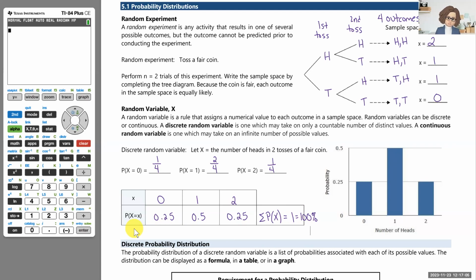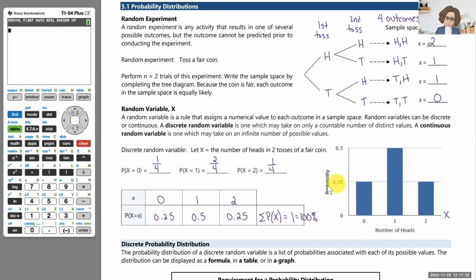We could also put that information into a graph. You'll see here my x-axis. I'm going to label that axis. X was the number of heads in our 2 tosses, and we might get 0 heads. The height of each of these bars represents the probability of that particular value of X. We might get no heads.